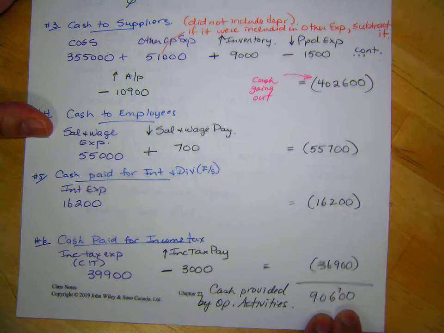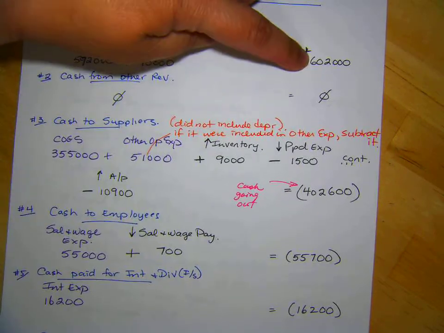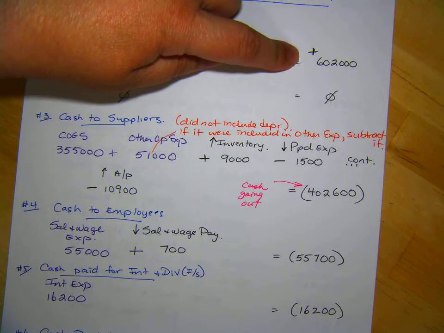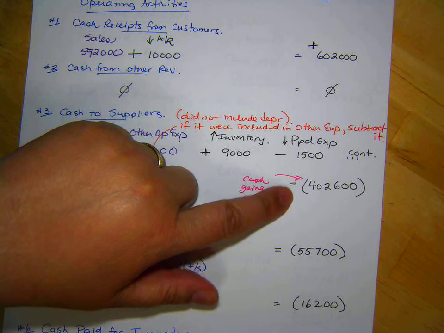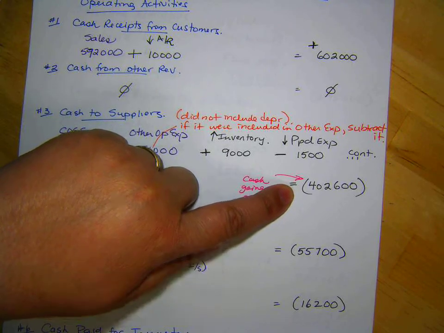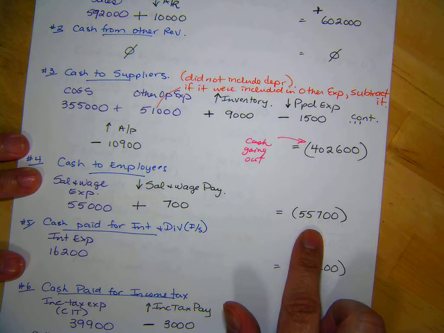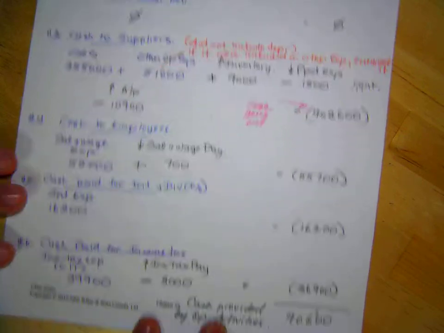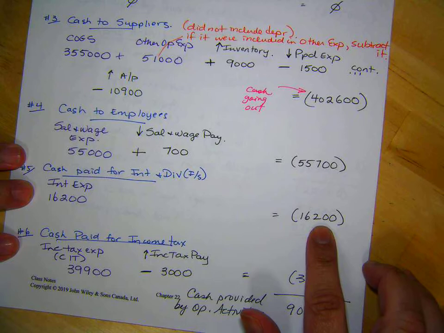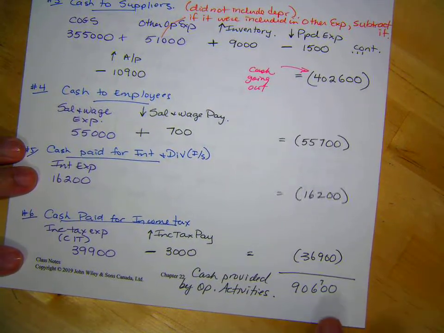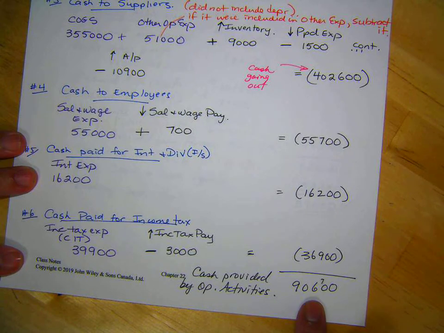So, where did it come from? Well, 602 came from revenue. We didn't have other revenue, so this was all sales. Our suppliers were paid $402,600. Our employees, a relatively small amount, $55,700. We had to pay interest, and here's our income tax expense. And that's how we got to the $90,600.